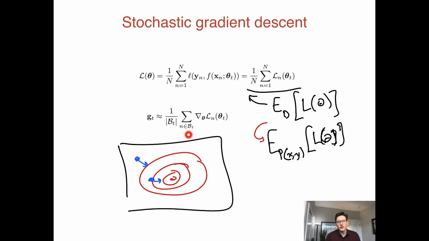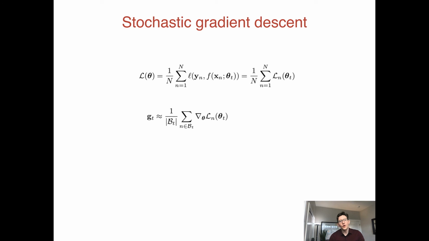That is, you look at just one example for each gradient update, or a very small number of examples, rather than batch gradient descent using all the examples. So in practice, for problems where computation is a concern, you almost always want to use stochastic gradient descent rather than batch gradient descent. And in fact, that's what's done in practice.